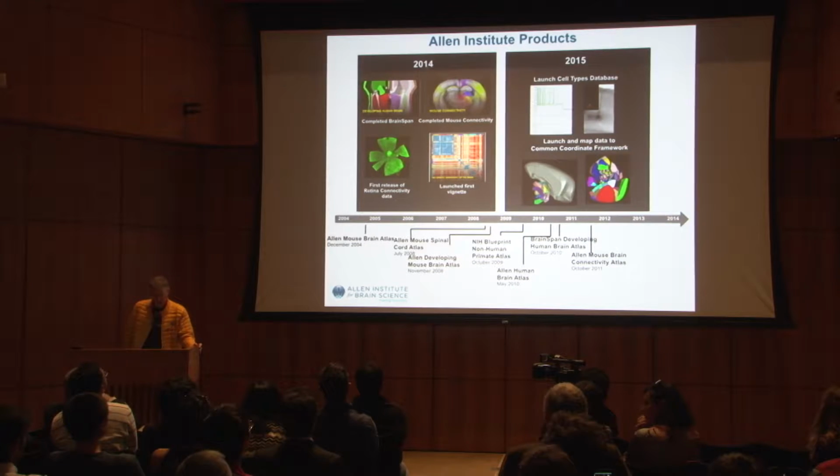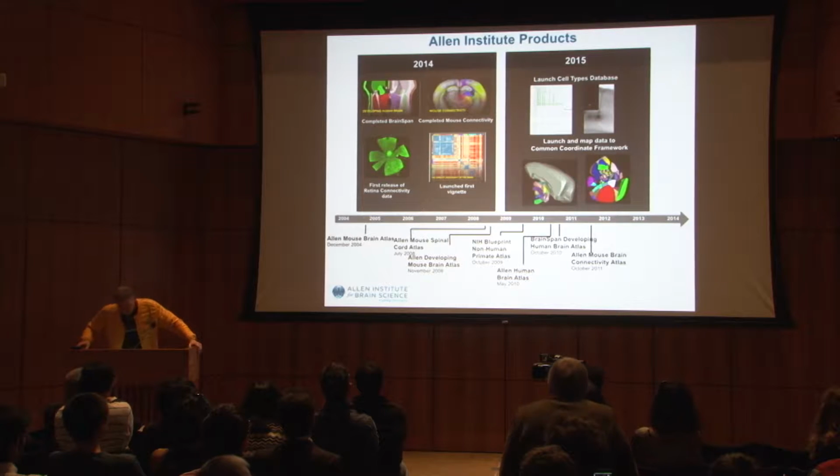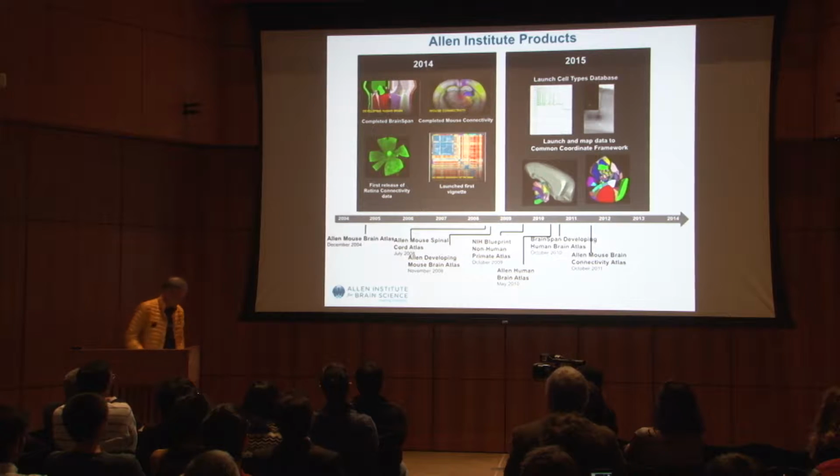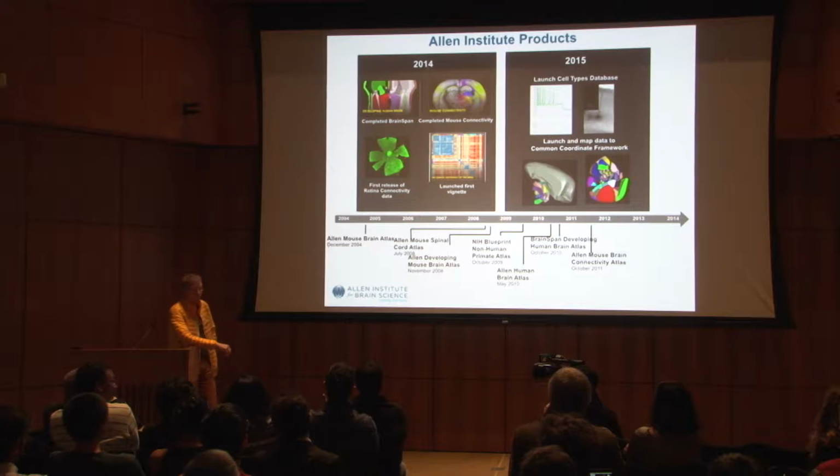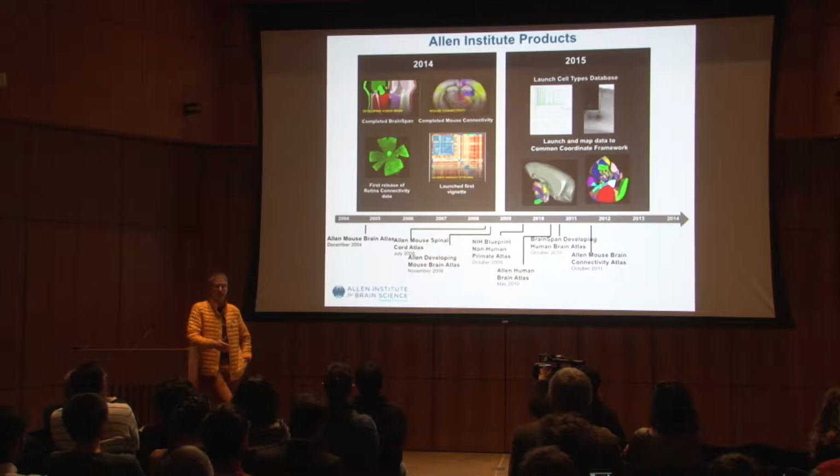As I said, typically three times a year we have data releases. We started almost 10 years ago with our first product, a large-scale atlas of all the genes in 20,000 mice.